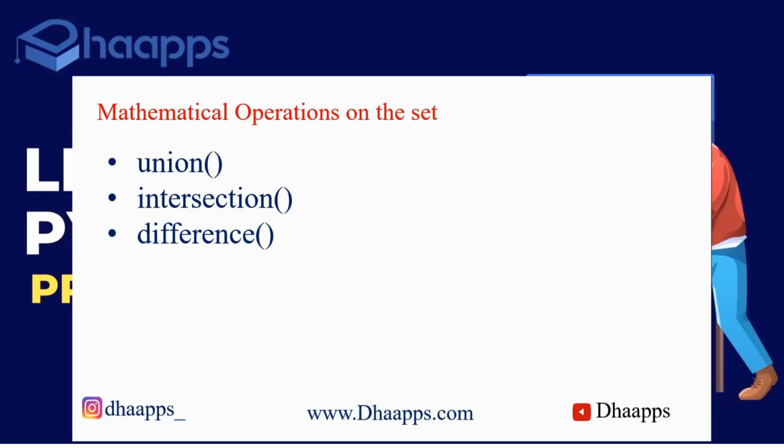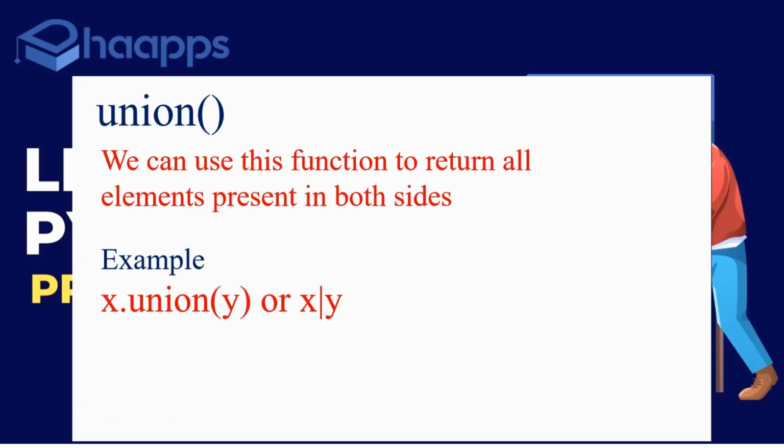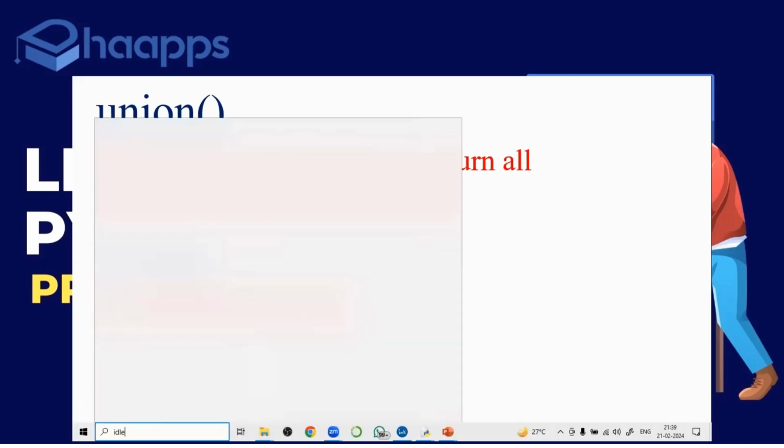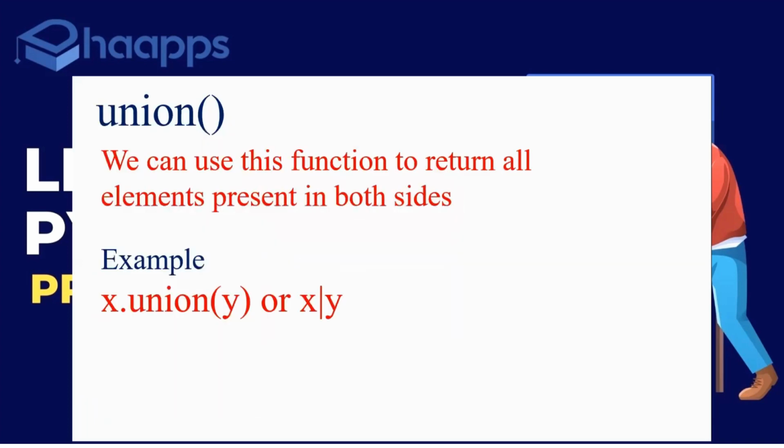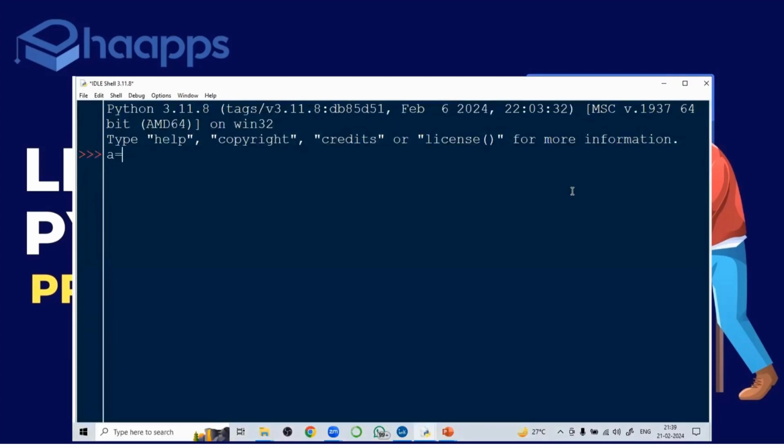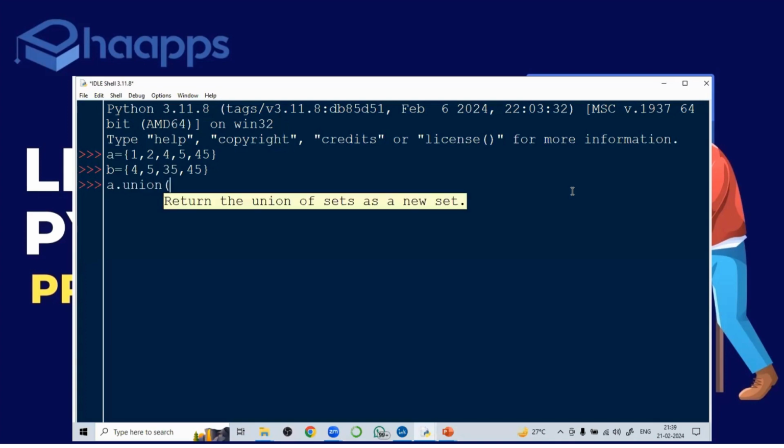When I say union, it means you have set A is equal to, and you have B, one more set. A dot union of B will combine the two sets.